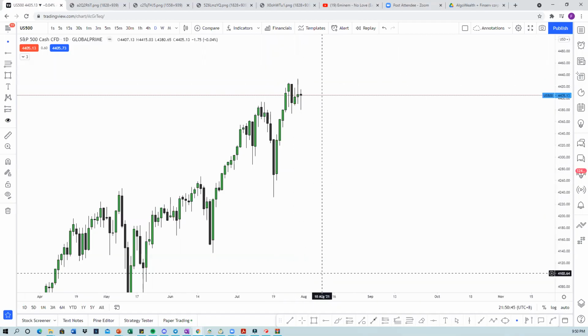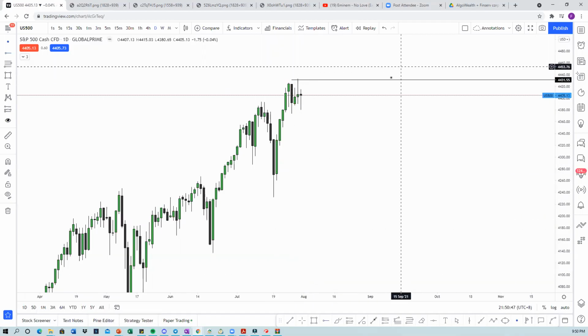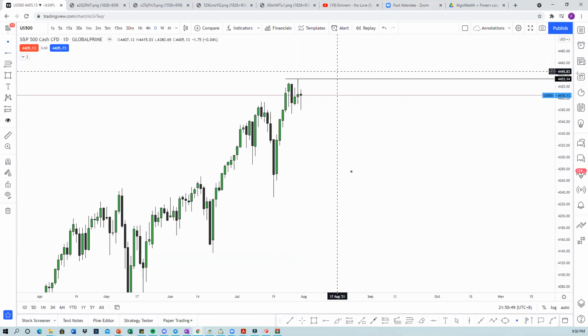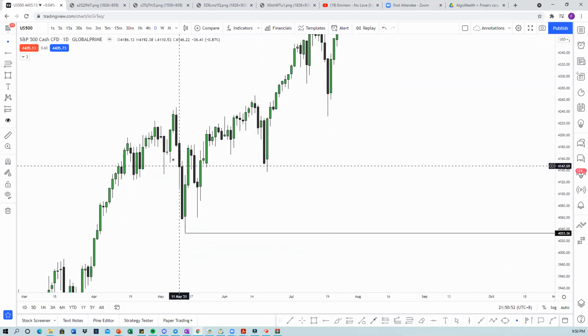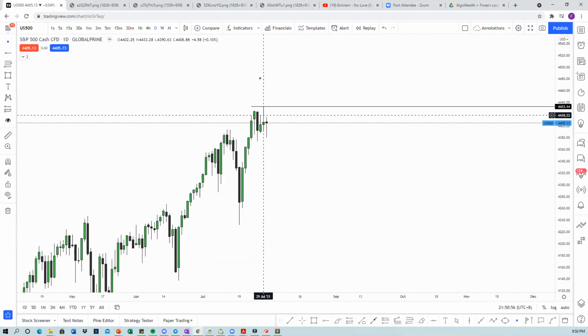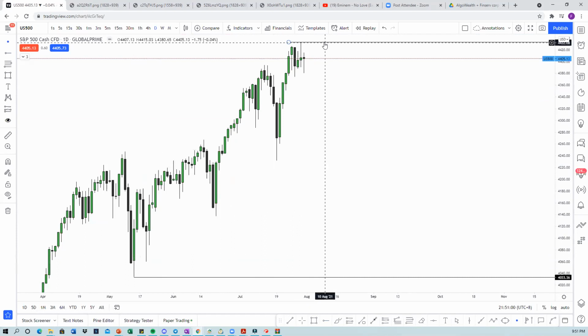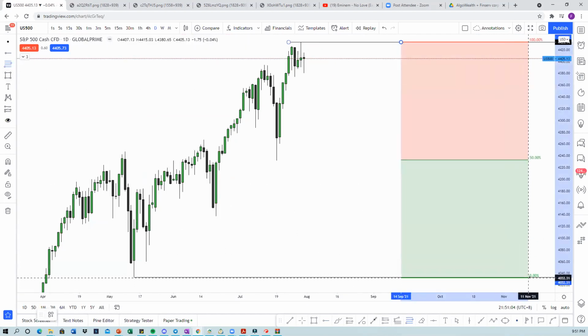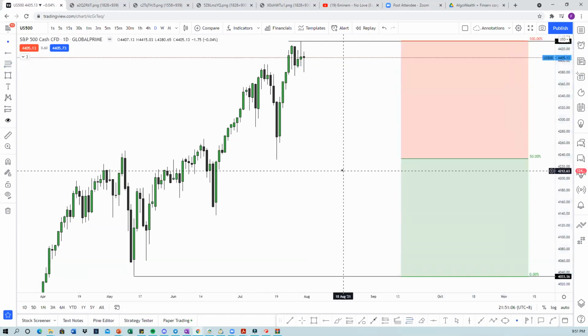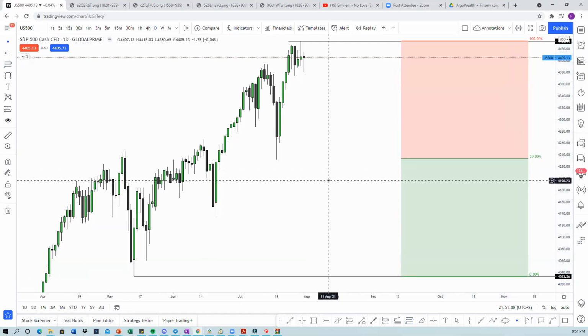So essentially, this is your interbank dealing range low, and this is your interbank dealing range high. Looking at premium discount, it's massive. The bigger the interbank dealing range gets, the more points of interest you'll find.